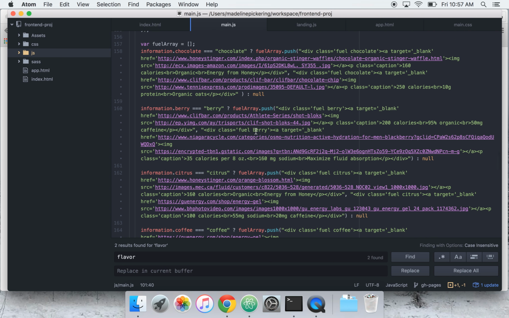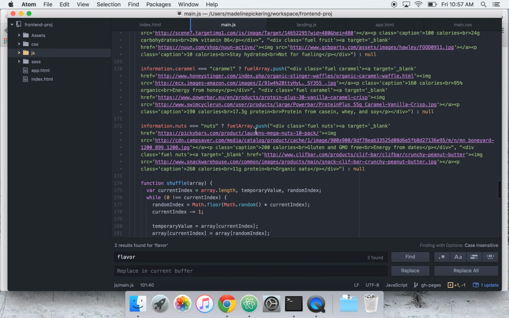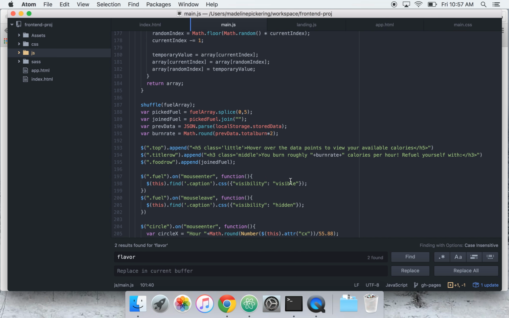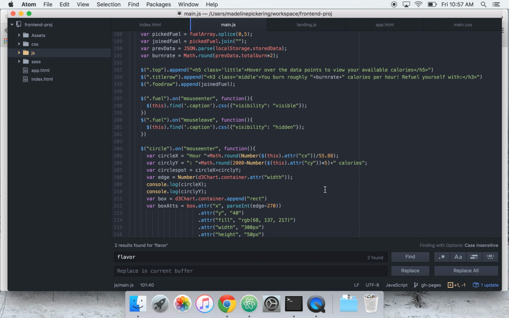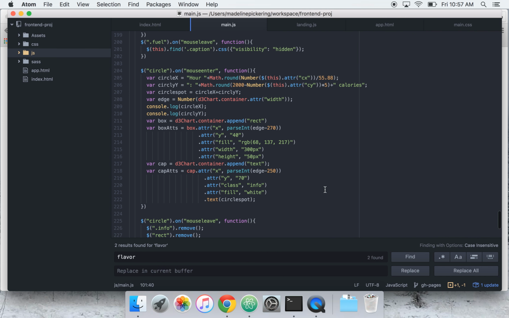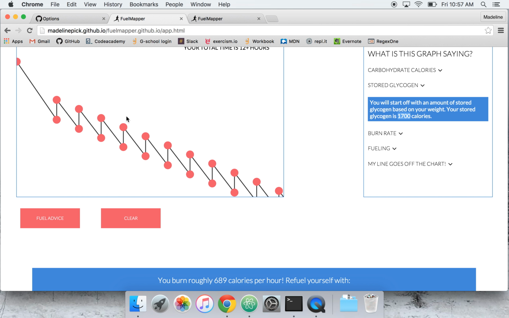And then I made an array of fuels based on your flavor choices, and then shuffled them and printed out 5 so that it wouldn't be the same every time if you did this multiple times. And then here I'm just adding the mouse enter and mouse leave functionality for the circles so that when you're over the circles, you can see the exact calories at that point.